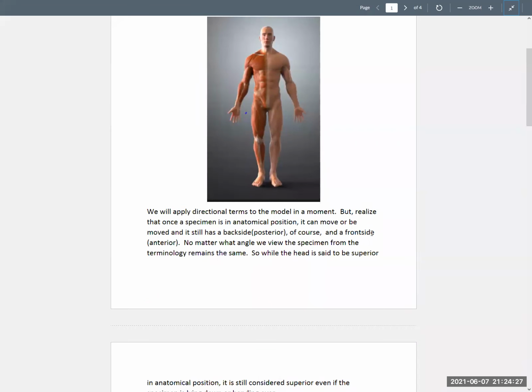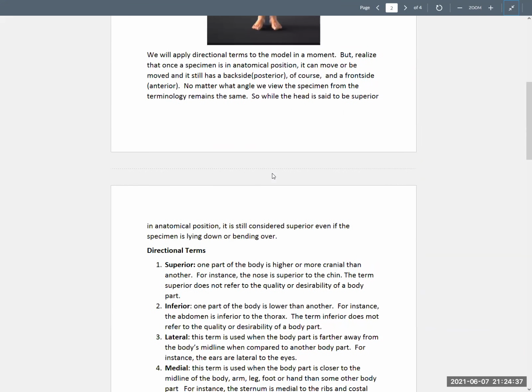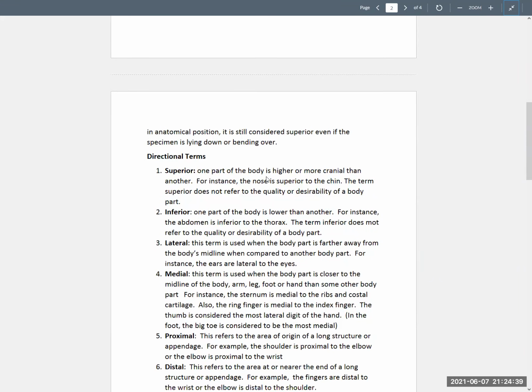I'm reading this to myself. I wrote it. Okay. And that's exactly what I just said. That's anatomical position. Here are the terms that go along with it. The word superior. Superior means one part of the body is higher or more cranial than another.